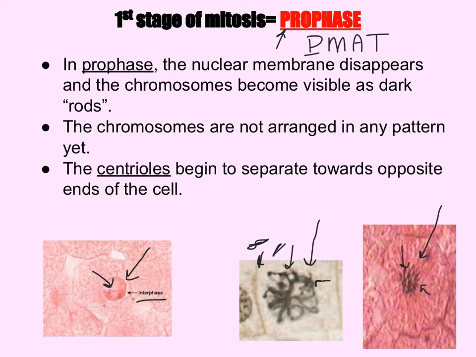You can clearly see the dark rods, the chromosomes. They're not arranged in any pattern yet. They're just kind of in a big ball. And that is basically all you need to know about prophase. The nuclear membrane disappears, and the chromosomes become visible, but they're not arranged in any pattern yet. That's prophase, the first step.